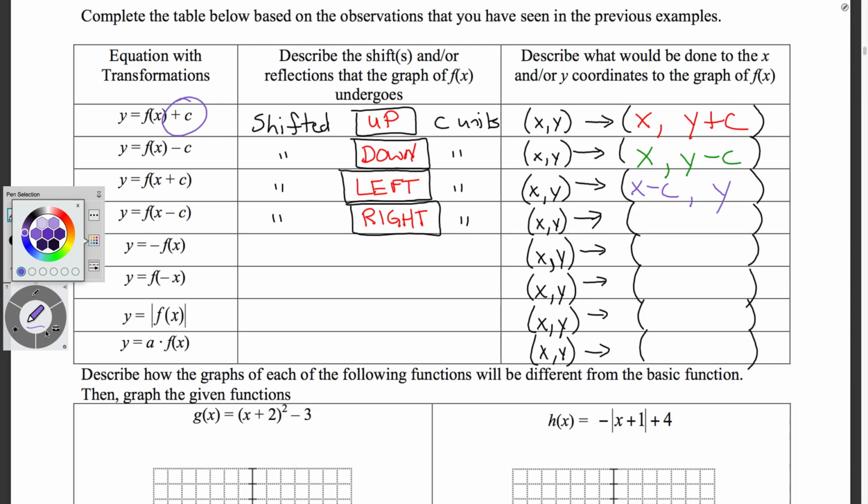Why is it different in the third one? Why is a plus C getting a minus C? It's inside the function. Because the H is always attached using subtraction.